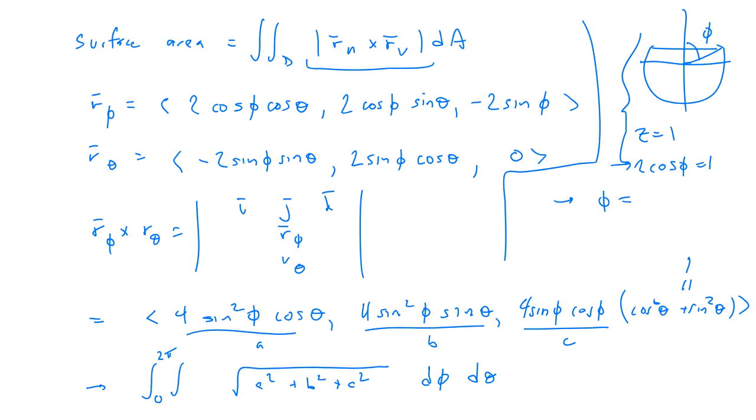Should be one of the basic ones. Oh, yes, I wasn't sure where you're looking. So yes, that's 2 cosine phi equal to 1. So pi over 3.